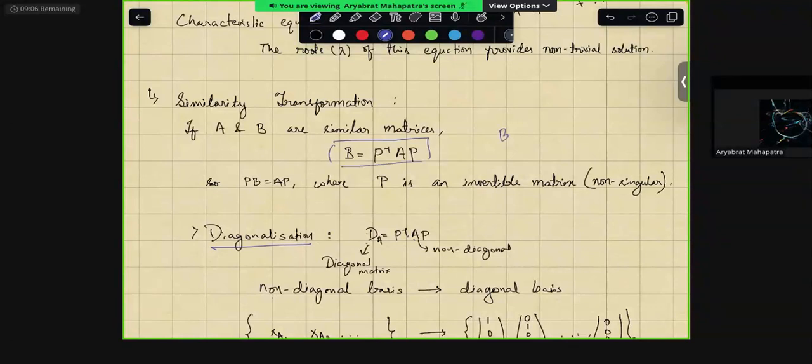Here, B and A are similar matrices, similar in the sense that they have the same determinant, same trace, and same eigenvalues. That is the feature of it: same eigenvalues, trace, determinants.